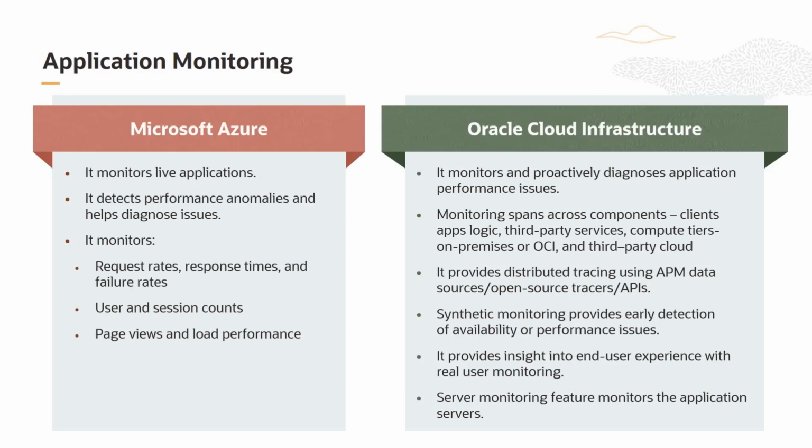There are several features. One of them is synthetic monitoring. Think of it like a proactive monitoring strategy that helps developers prevent issues before users are impacted. This service also provides real user monitoring, which means you can track the actual experience of each end user. It also facilitates app server metric collection through server monitoring.